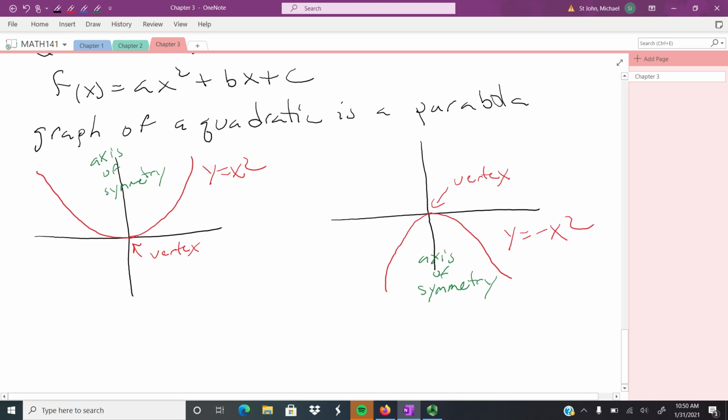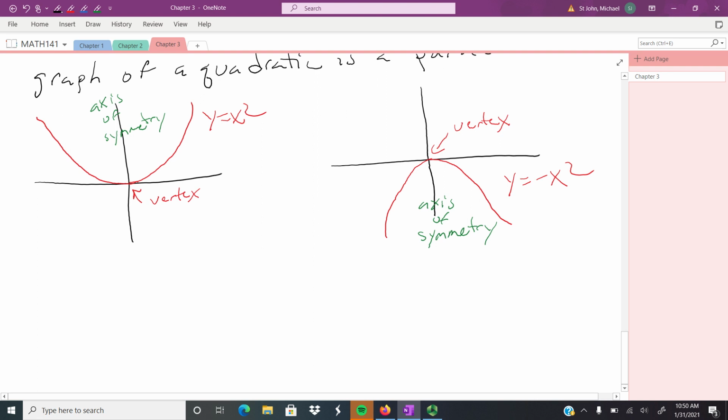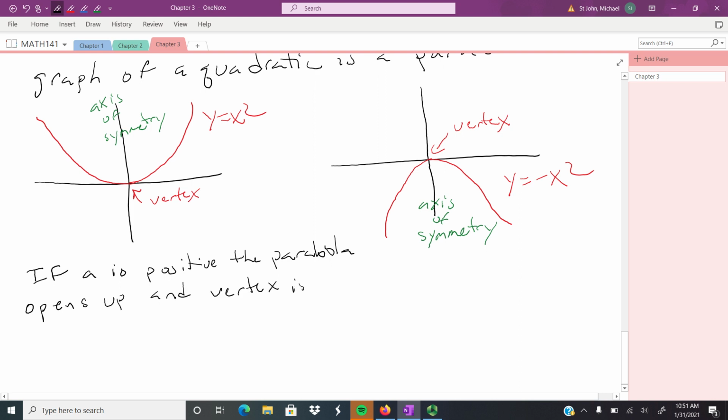And then in terms of my parabola, if a is positive, the parabola opens up and the vertex is at the minimum.